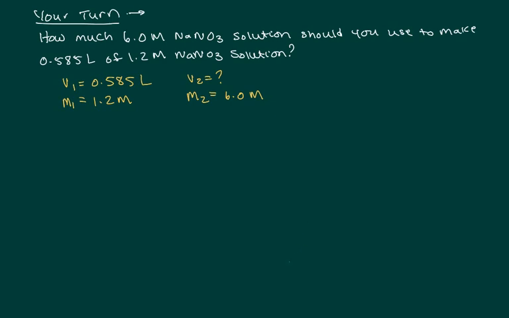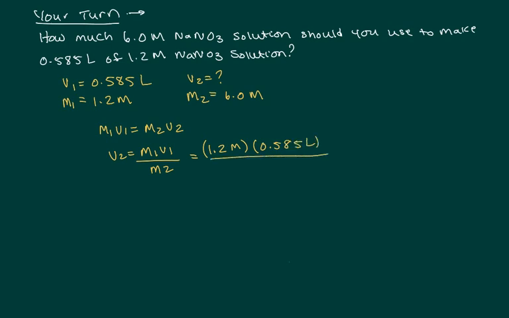Let us solve for this using M1 V1 is equal to M2 V2. Here V2 would then be M1 V1 divided by M2. So M1 is 1.2 molar times V1, which is 5.85 liters, divided by M2, which is 6 molar.